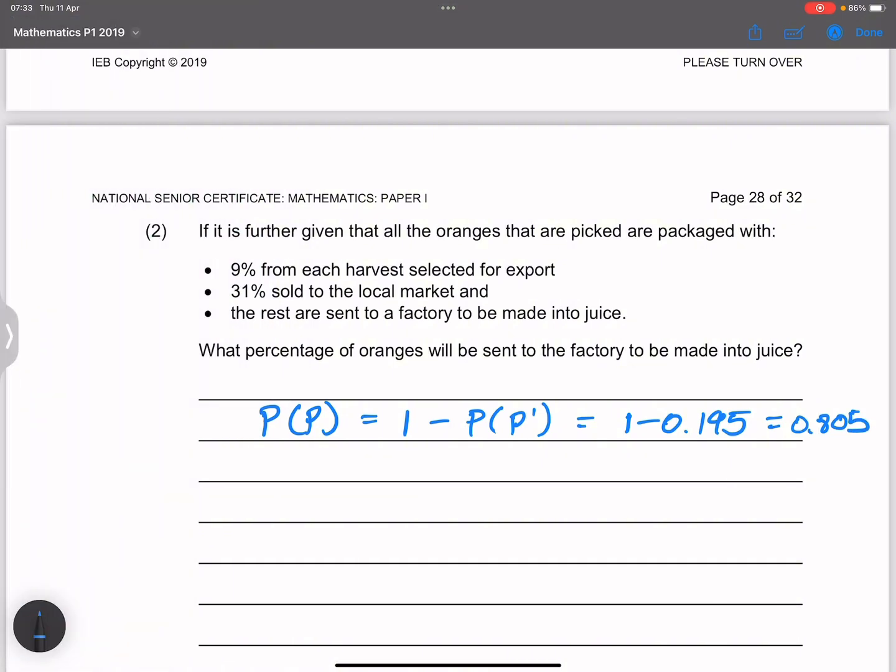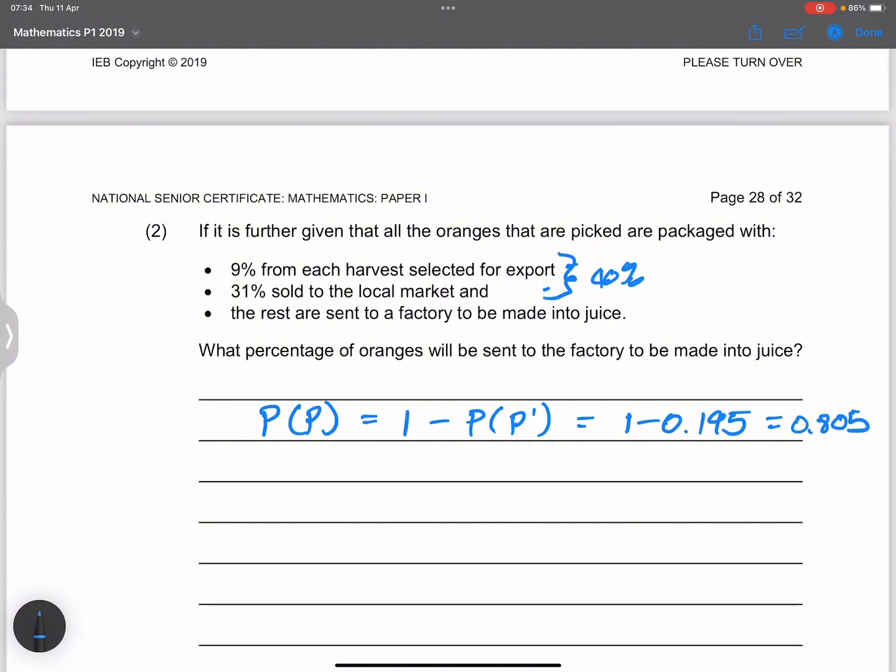And they said to us, so the rest will be made into juice. So 9 plus the 31, well, that's the 40%. That's going to be 40% exported and the other sold.